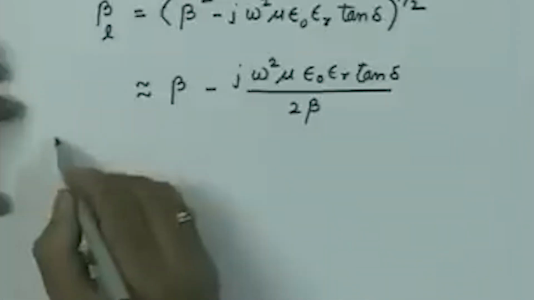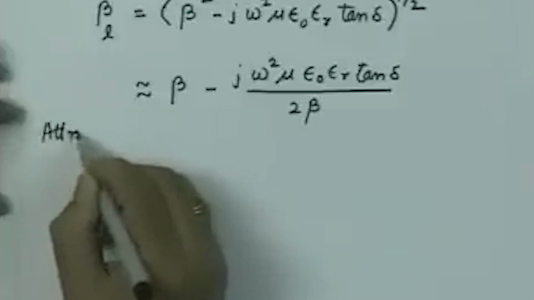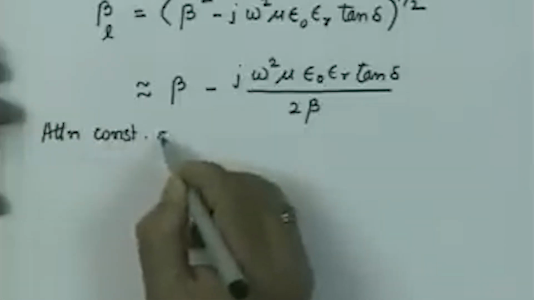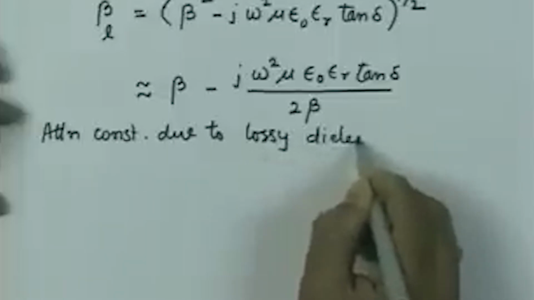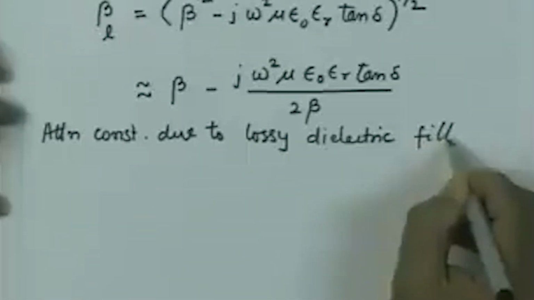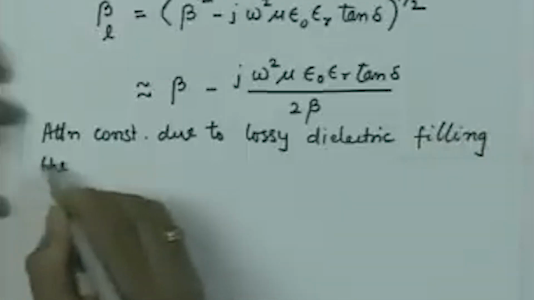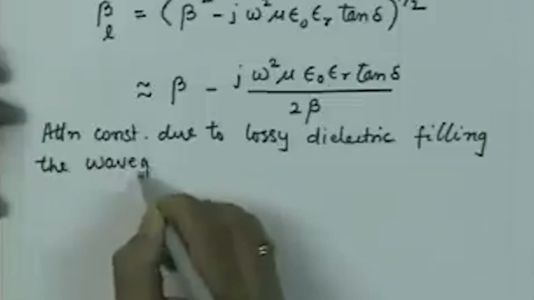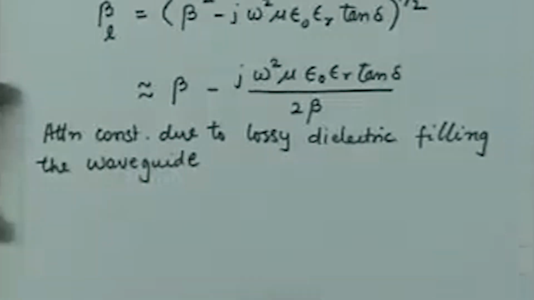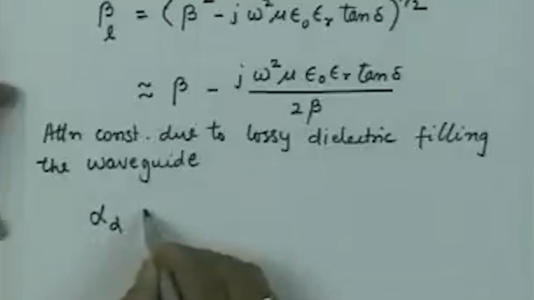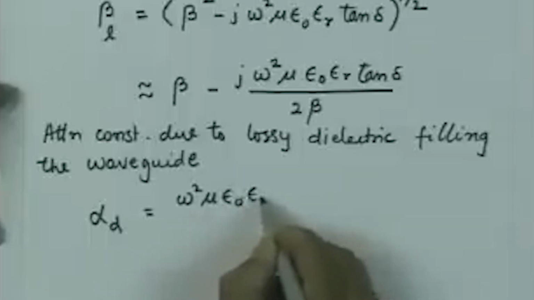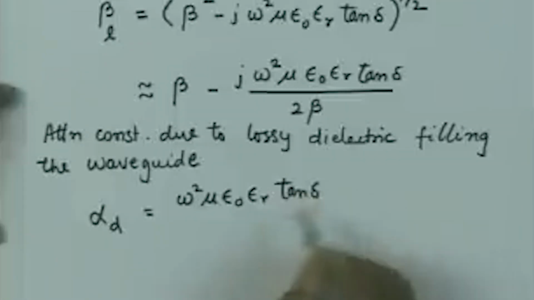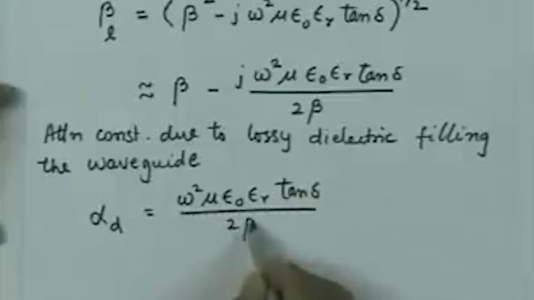So, from here you get the attenuation constant due to lossy dielectric filling the waveguide, and that will be alpha d, that is equal to omega square mu epsilon 0 epsilon r tan delta divided by 2 beta.